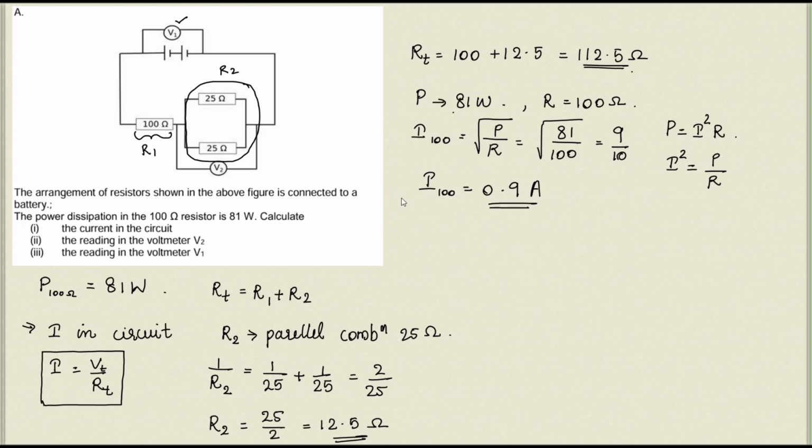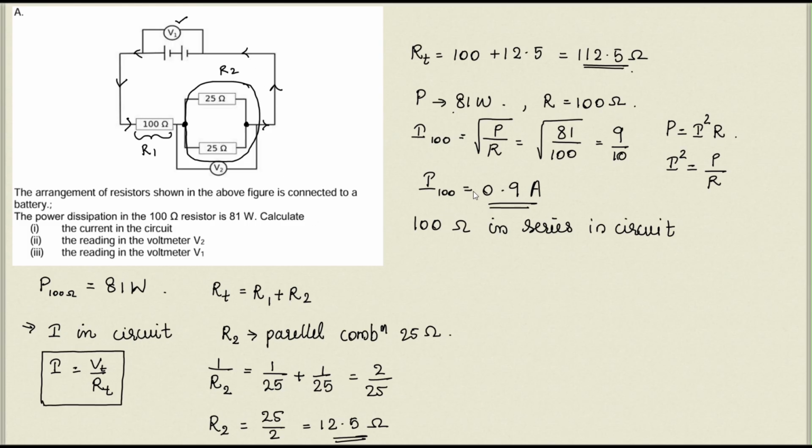And we know this 100 omega resistor is in series in the circuit. So whatever current passes through this 100 omega resistor will be the same as the total current passing through the circuit, right? Because the current starts from the positive terminal, passes through the 100 omega resistor, and splits at the 25 omega resistors, but it recombines here, and again the 0.9 ampere current will pass through the whole circuit.